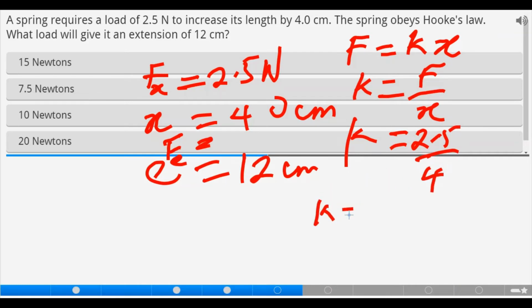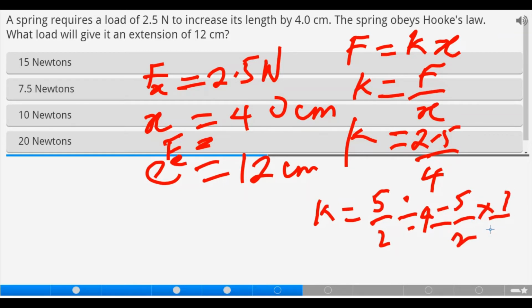So we can write our decimal 2.5 in terms of what? Fraction. That's 5 over 2 divided by 4. And that gives 5 over 2 times 1 over 4. So K now is 5 over 8. It's 5 over 8 newtons per centimeter.